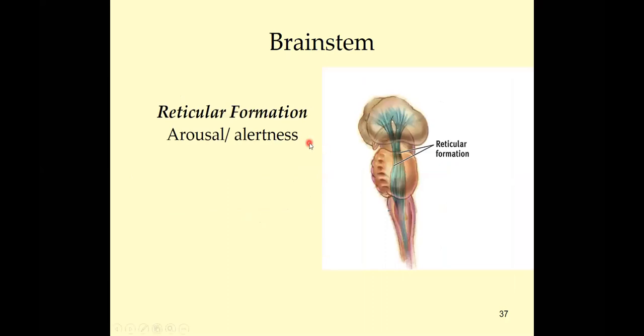We next have the reticular formation, and this is a network of neurons throughout the entire brainstem. And this is involved with our arousal and alertness. So in animal experiments, when they disabled this structure, animals would simply go into a coma-like state, kind of lose consciousness.